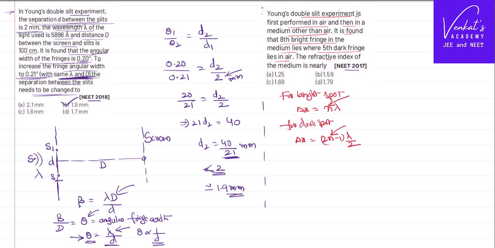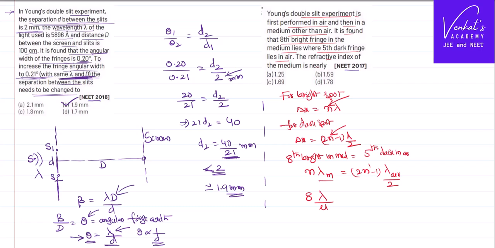So, it is given that the 8th bright in medium equals the 5th dark in air. So, n lambda in that medium equals 2n dash minus 1 of lambda in air by 2, where for the 8th bright, lambda in the medium is lambda by the refractive index of that medium.